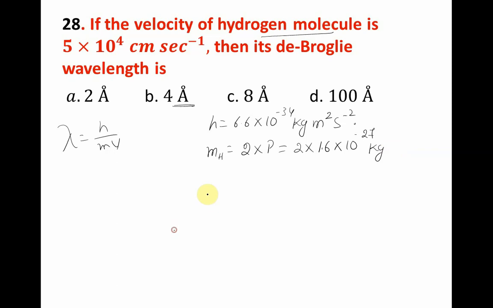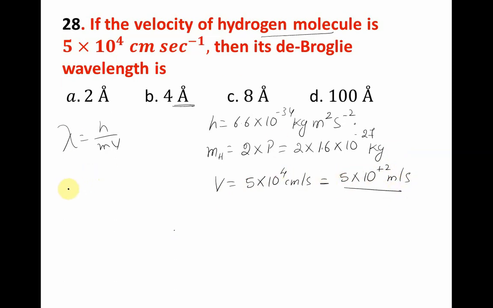The velocity v is 5 into 10 to the power of 4 centimeter per second. I need to convert it into meter, therefore 5 into 10 to the power of 2 meter per second.